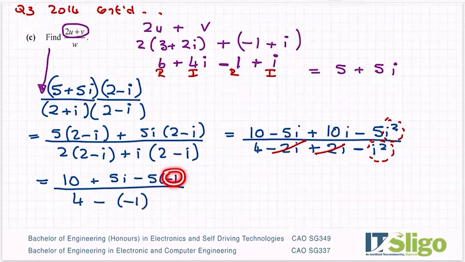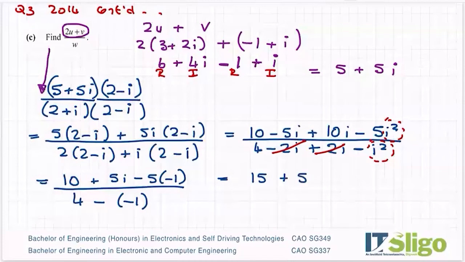So these minus 1s I have in brackets here are my i squareds. I've subbed in my minus 1. So minus 5 by minus 1 will be a plus 5. So 10 plus 5 will give me 15, plus that 5i on the top. And on the bottom, 4 minus minus is a plus. So 4 plus 1 is 5.